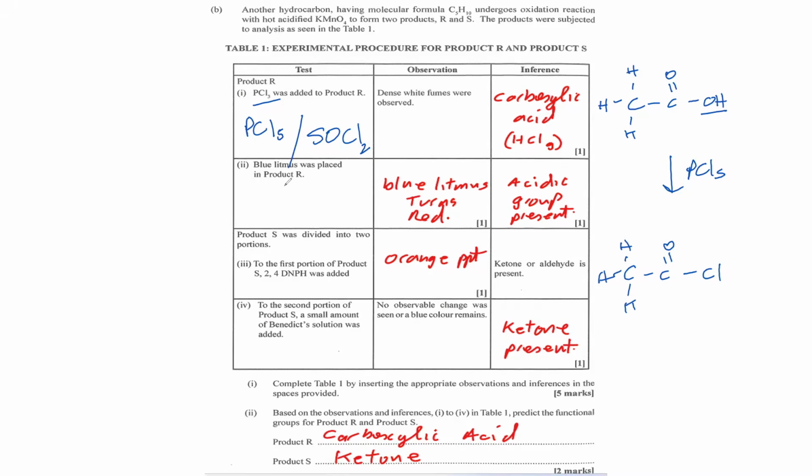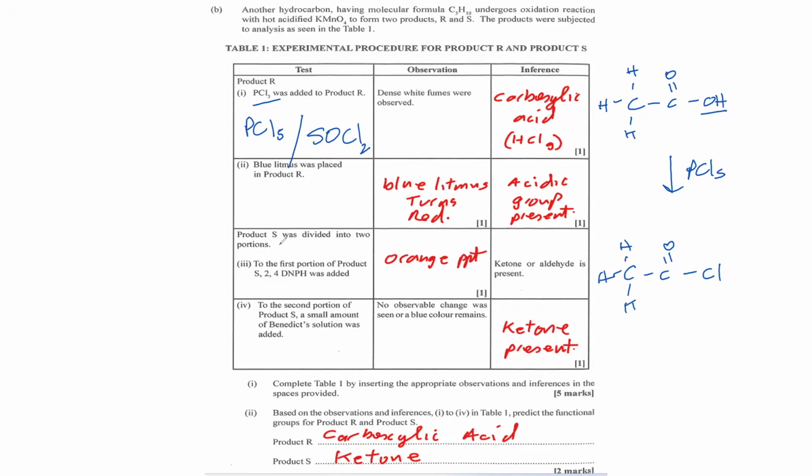In part two, we are confirming that an acid is present because blue litmus paper was placed in the product R and we realized that the blue litmus paper turned red. Now, if red litmus paper was placed there, then it would remain the same. So it is suggesting again that our group is an acid group.